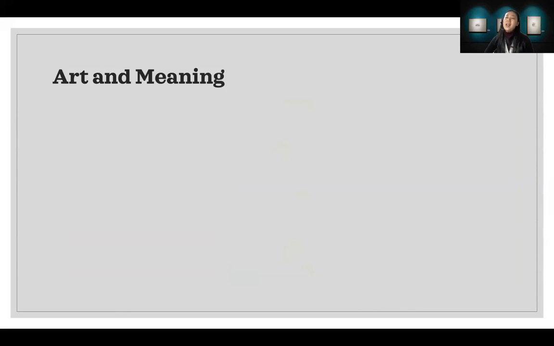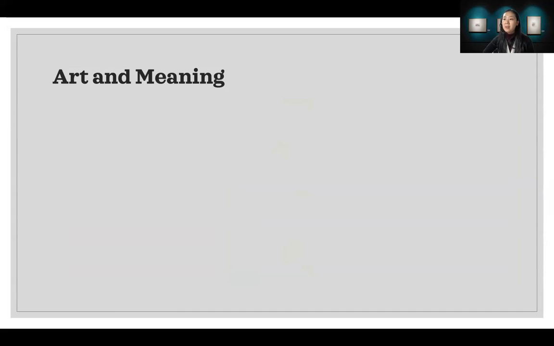And now let's talk about art and meaning. Art is always about something. One brief definition of art is embodied meaning. Understanding art is a cultural skill and must be learned.